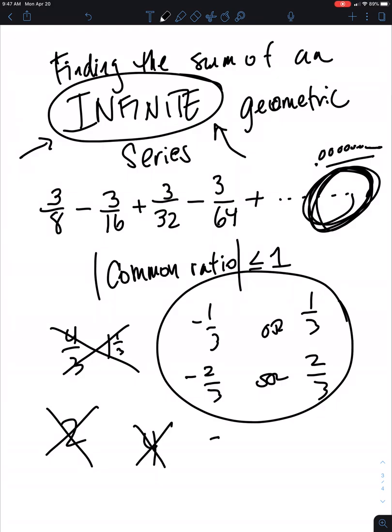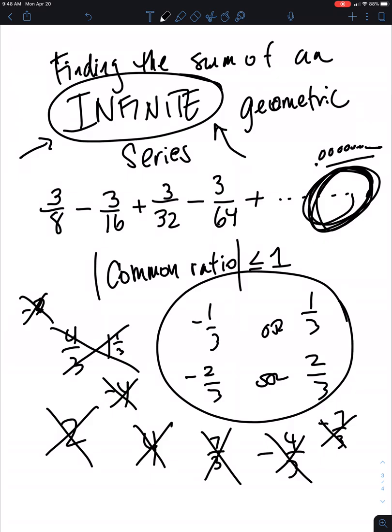If it's 7/3, that's bigger than 1, can't do it. If it's negative 4/3, still can't do it. If it's negative 7/3, can't do it. If it's negative 4, can't do it. If it's negative 2, can't do it. You get the picture. So if it's negative 1/4, you can. If it's positive 1/4, you can too.